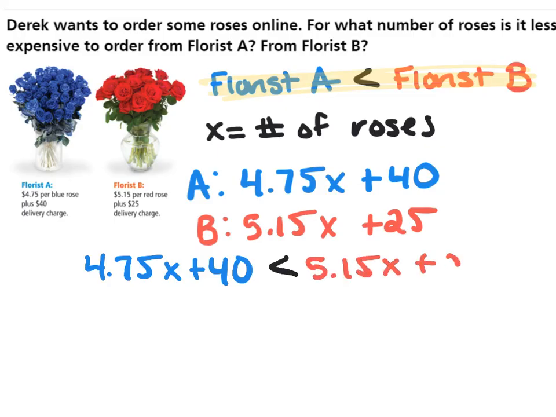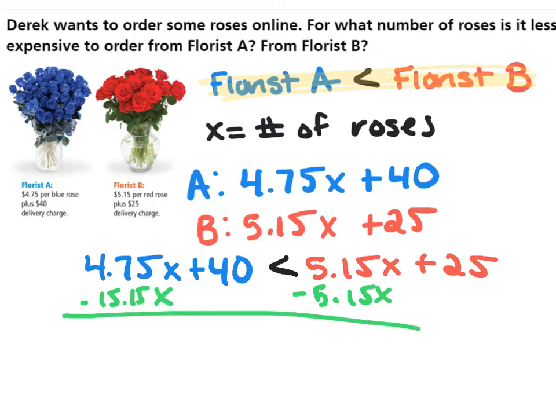5.15x plus 25. So if I decide I want to solve, first let's bring all the x's to the left. So I'm going to subtract 5.15x, which gives us negative 0.4x plus 40 is less than 25.